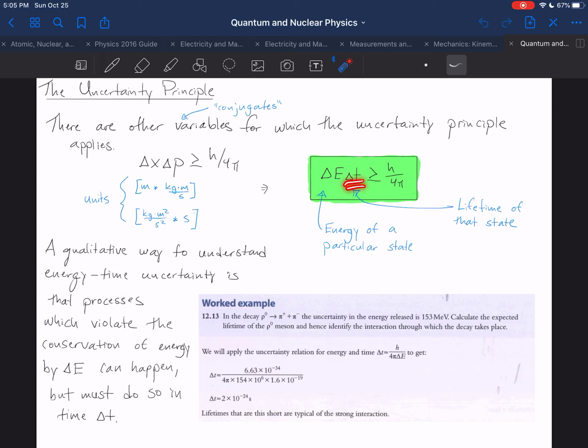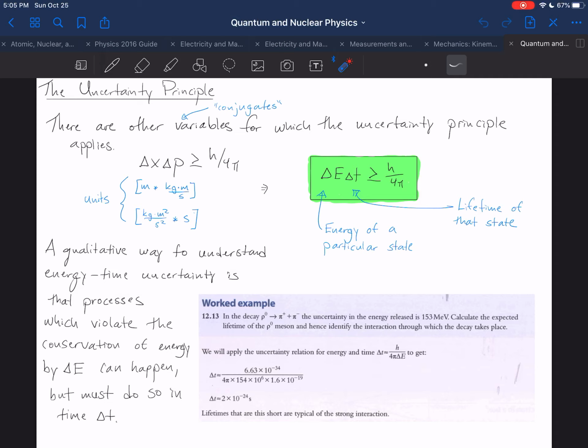But time doesn't make a lot of sense. It's not the same kind of variable, exactly, particularly before relativity. And so we need a very, very narrow interpretation of this uncertainty principle to really feel comfortable using it. And this is the following interpretation.